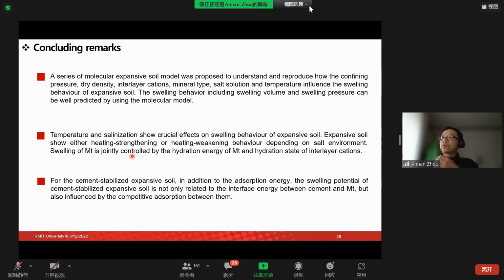We also study how the temperature and the salt solution influence the swelling behavior of the expansive soil. And we also study the stabilization mechanism for the cement stabilized expansive soil by using molecular simulations.